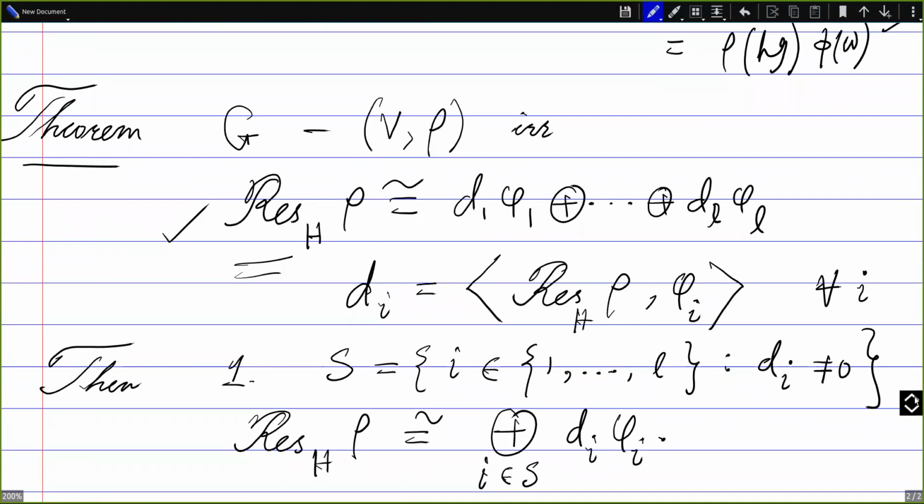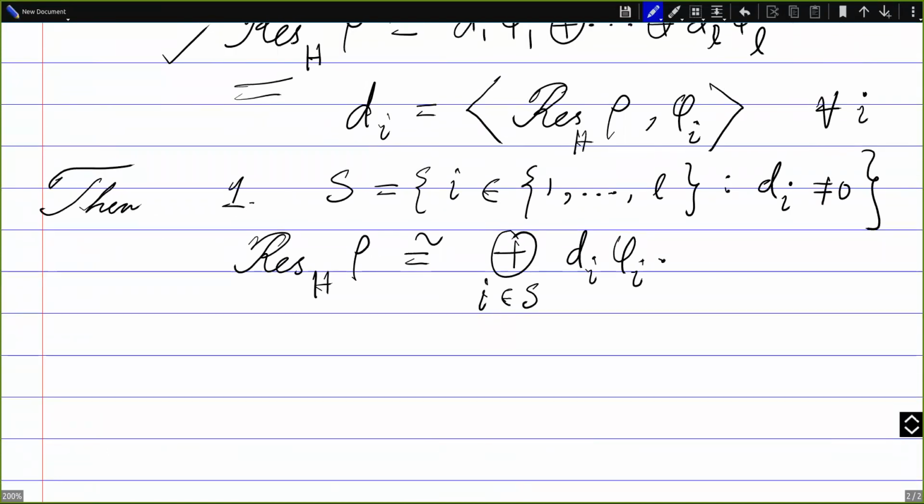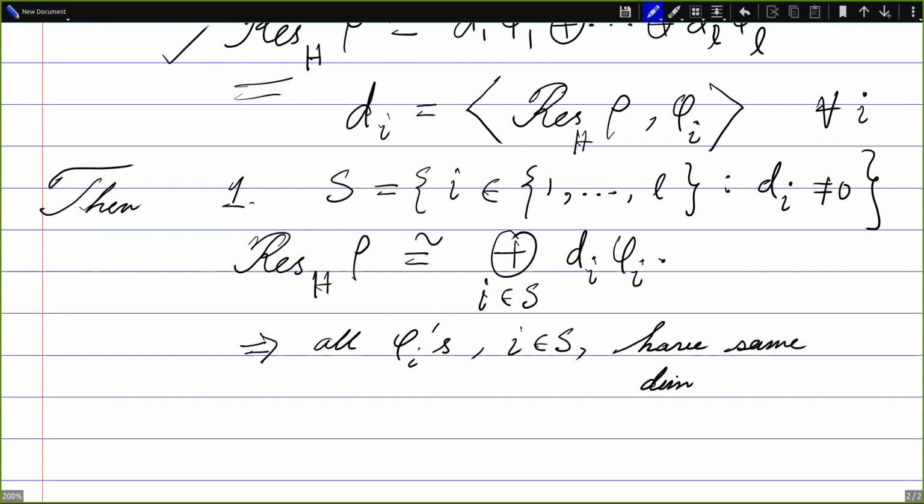The first conclusion of Clifford's theorem says that all phi i's such that I in S have the same dimension, and then the rest says that all di's, again I in S, are the same.